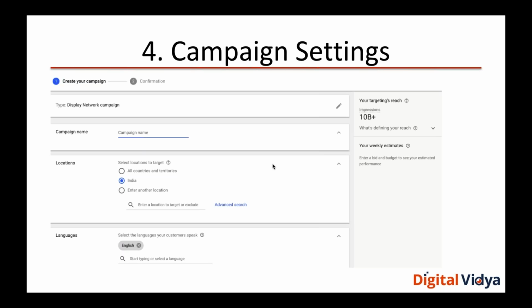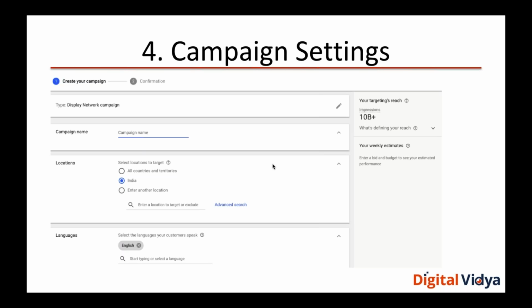Do you want me to go into the details? This is the same step as in search campaign. So if you type a town or a city name here, you can select that, or you can type a state name, or you can select the national level. You can even add pin codes.